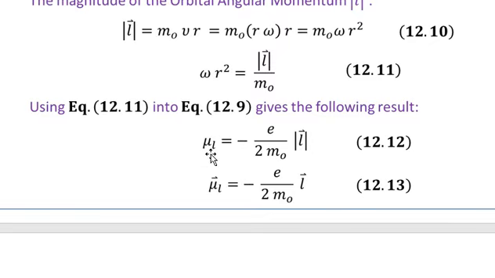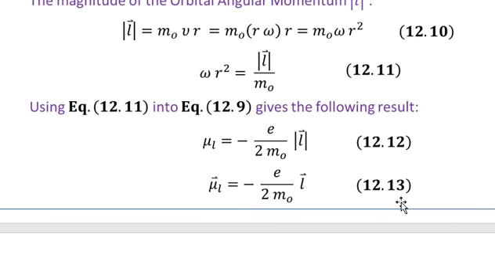The orbital magnetic dipole moment of the electron is equal to minus e over 2m naught times the magnitude of the orbital angular momentum. In vectorial form, as shown in equation number 13, mu L is equal to minus e over 2m naught multiplied by the orbital angular momentum vector. So equation number 12 gives the magnitude form, and equation number 13 gives the vectorial form.